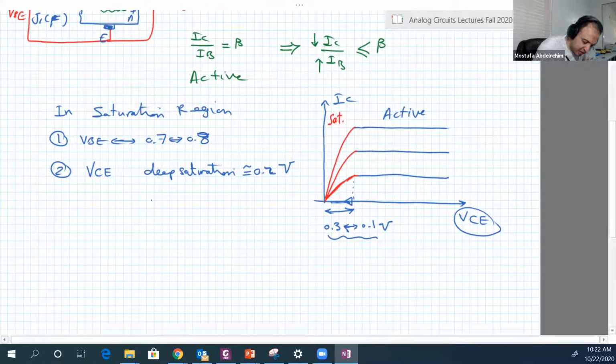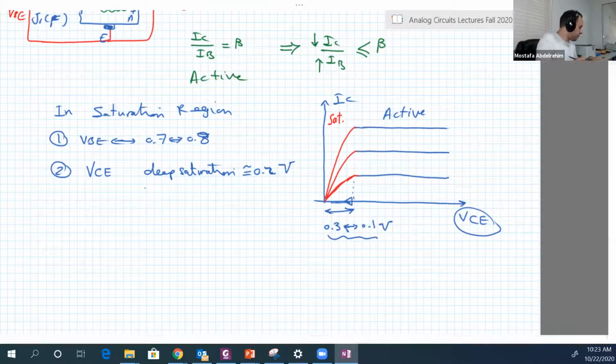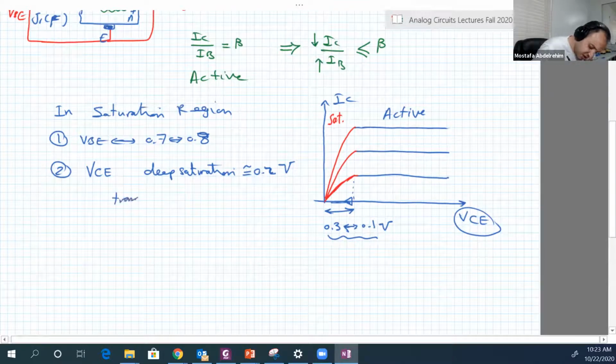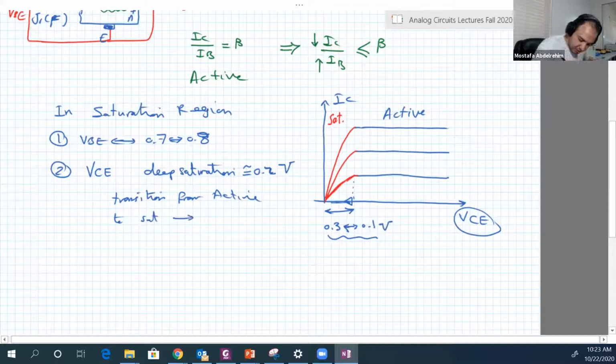And we can say the transition from active to saturation happens at approximately 0.3 volts. Okay.